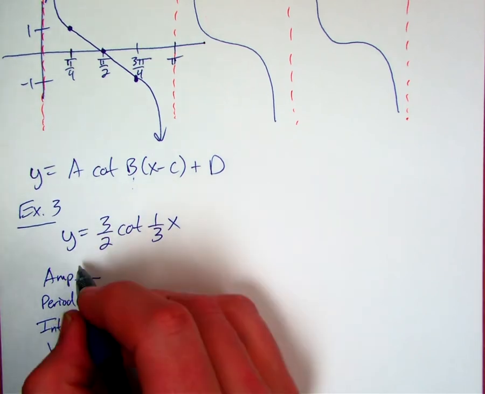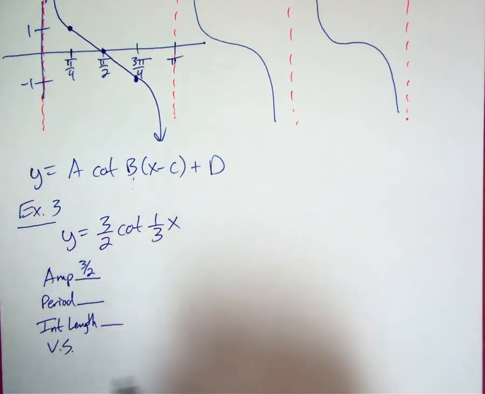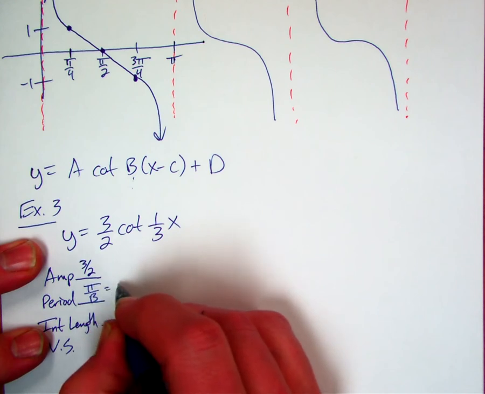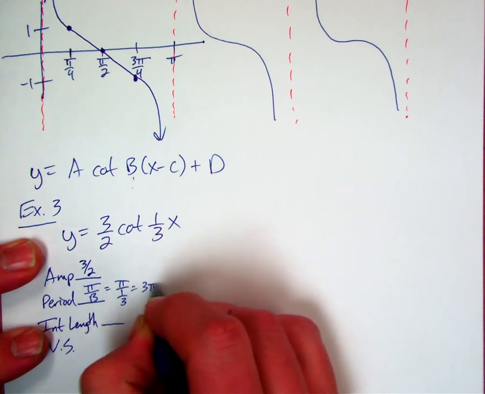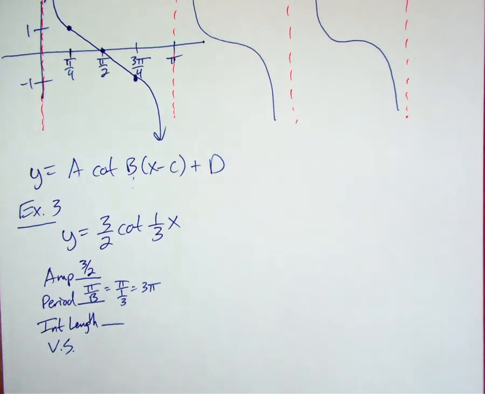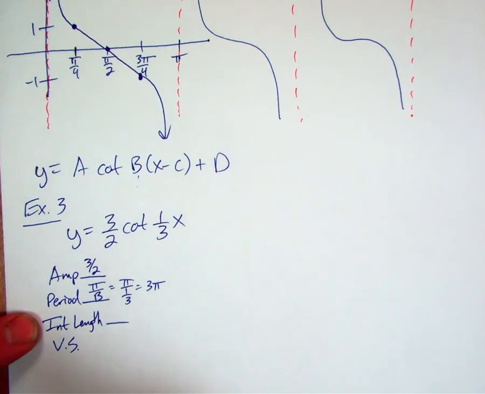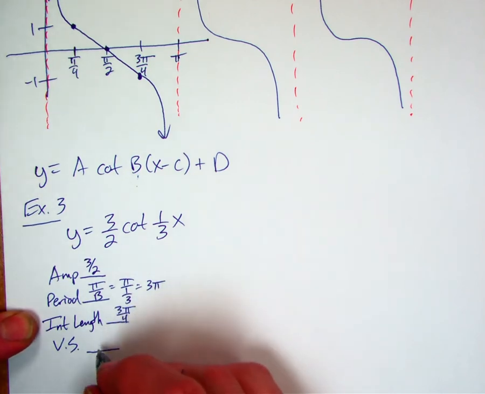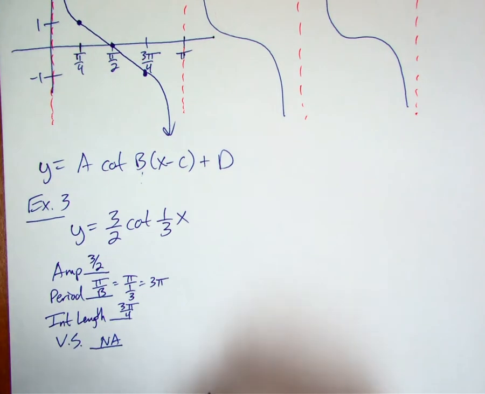My amplitude for this one is 3/2 or 1.5. We'll use that here in just a minute. Period is pi over b, so it's pi over 1/3, which is 3 pi. Interval length is still period over 4, so I have 3 pi over 4 right there. And my vertical shift, I don't have one. We are ready to go.